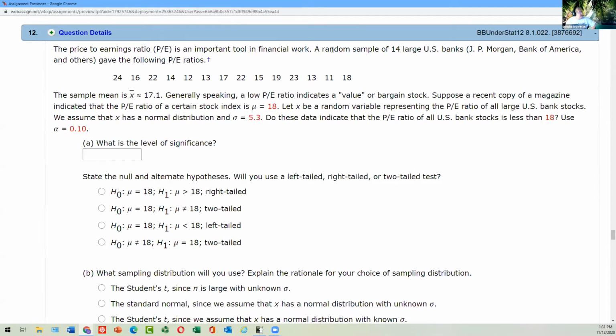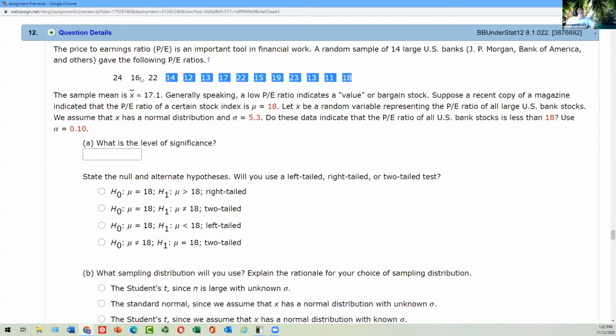A random sample of 14 large US banks, JP Morgan, Bank of America, and others, is given in the following, and this is their price to earnings ratio. If the price to earnings ratio is big, it could mean that stock is overvalued, because you'd be buying the stock for 24 times what they earn, which isn't very good, I would say.